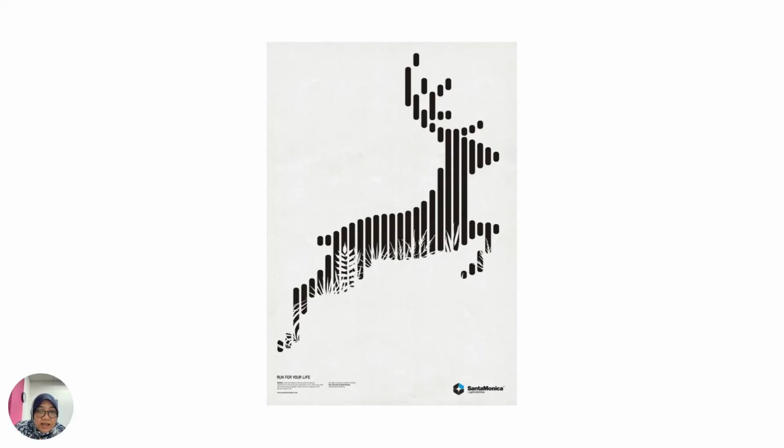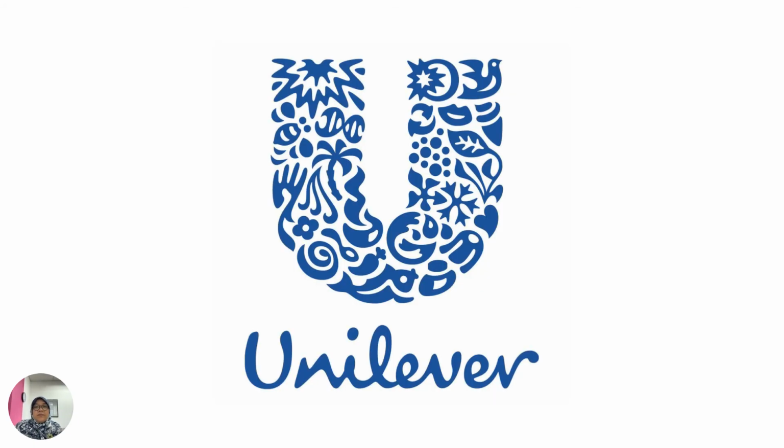The lines, the allocation and the distance of the lines allow our brain to see it as an image, a reindeer or the Unilever logo. The construction of different elements makes it seem like the letter U, and U is the icon for Unilever, the U in Unilever.